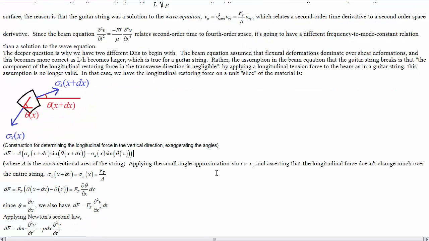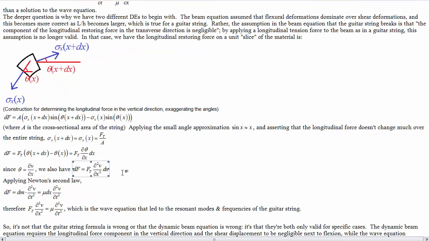And if we use the small angle approximation so that sine of theta is basically theta, and we say that sigma doesn't change much across the beam, so that sigma at x plus dx is F_T over A, and so is sigma at x. But the angle maybe is different. Then we come up with the net force being proportional to del v by del x with a second derivative.